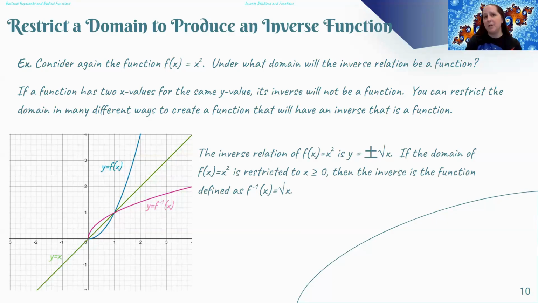If the domain of f of x equals x squared is restricted to x greater than or equal to 0, then the inverse is the function, defined as f to the negative 1 of x equals the square root of x. Okay. You could also do this as x less than or equal to 0. Okay, then it would just be negative square root of x would be your function.